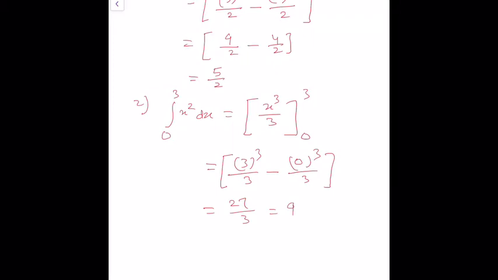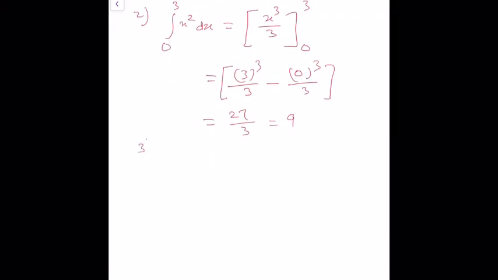First you put the upper limit in place of x upon 3, minus put the lower limit in place of x upon 3. So 27 upon 3. It means 9.